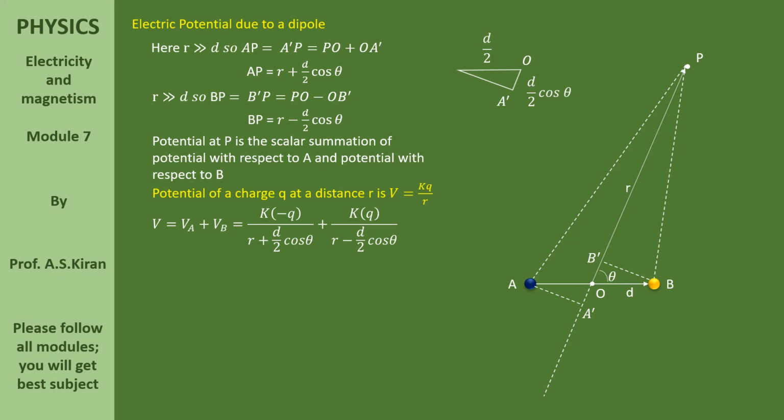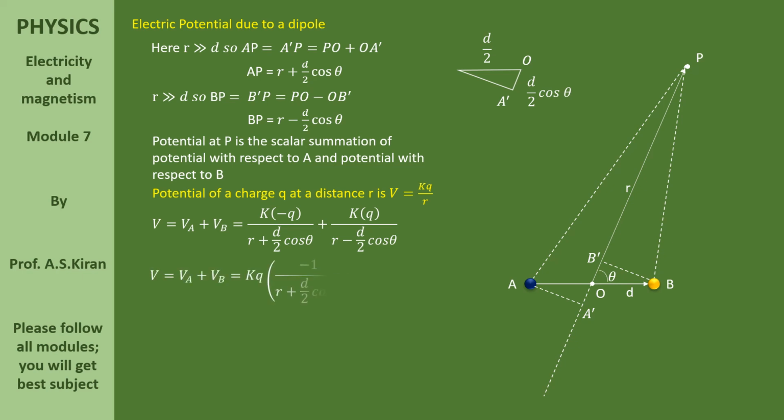KQ by R. Simply replace the values of KQ by R here. K minus Q by R plus D by 2 cos theta. What is this R plus D by 2 cos theta? That is the distance between the charge at A to the point P. That is AP distance. Now plus VB. In place of VB, that is KQ by R minus D by 2 cos theta.